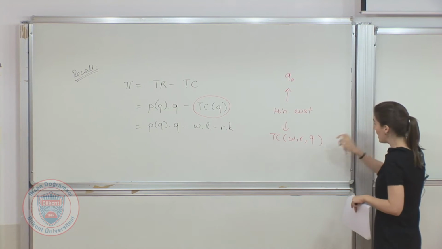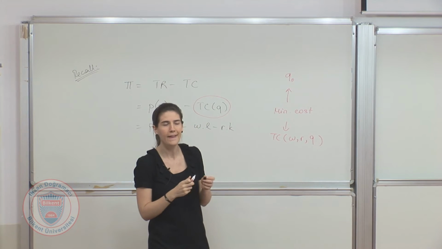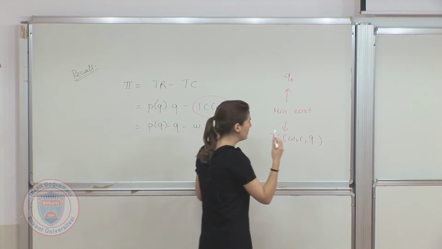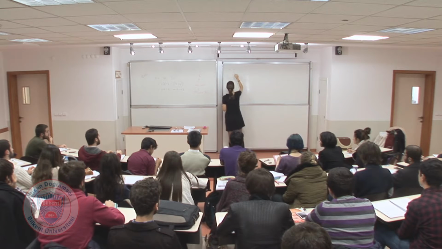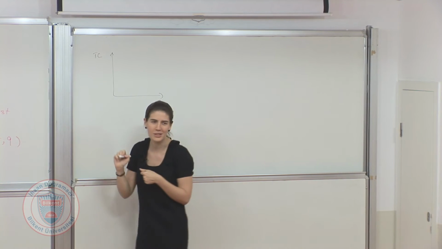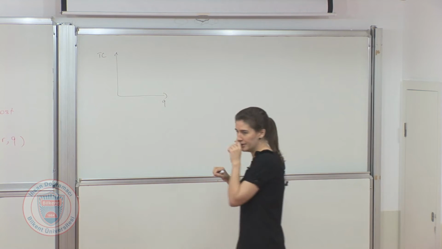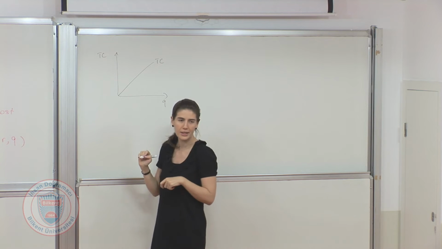When I draw the total cost function, I said that if there are constant returns to scale, how was the total cost function? It was linear, right? It was something like this.